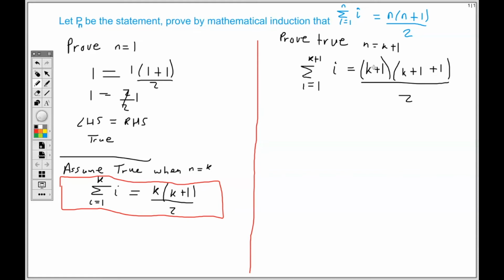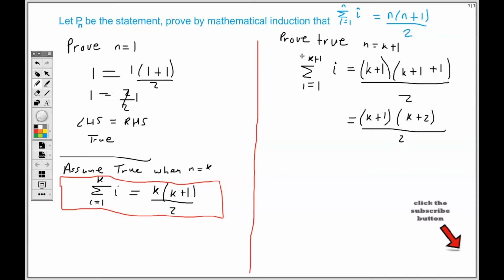Now, after substituting, I will add the 1 plus 1, that's 2. So what I have here is k plus 1, and then we have another one that says k plus 2, and it's all over 2.